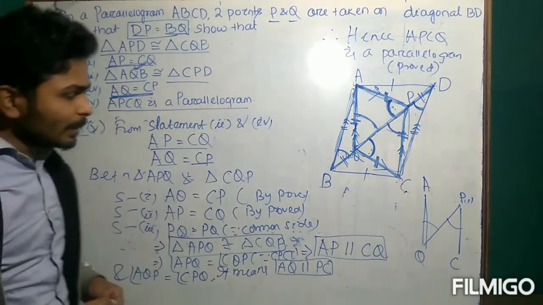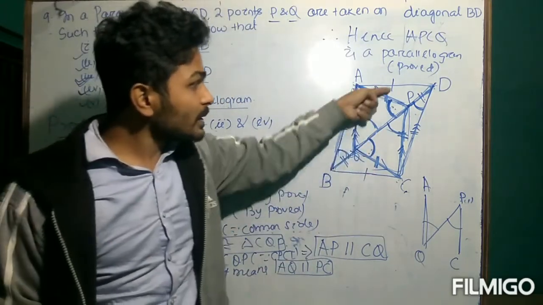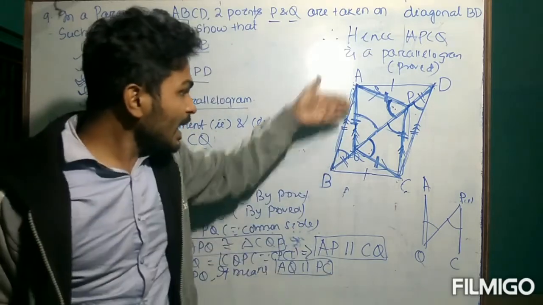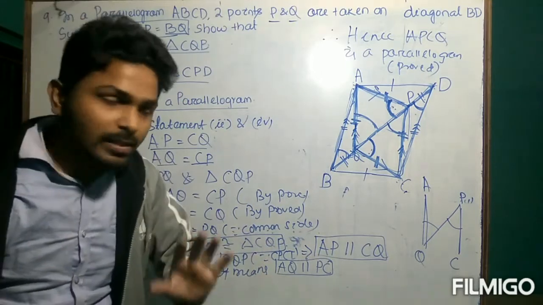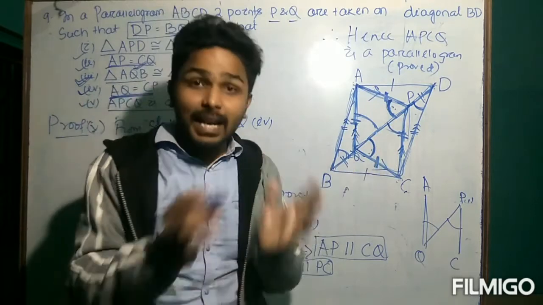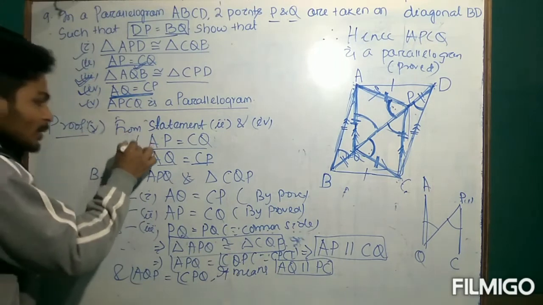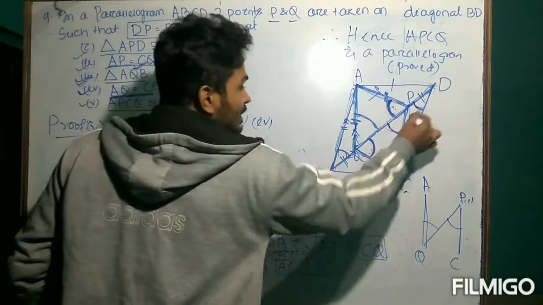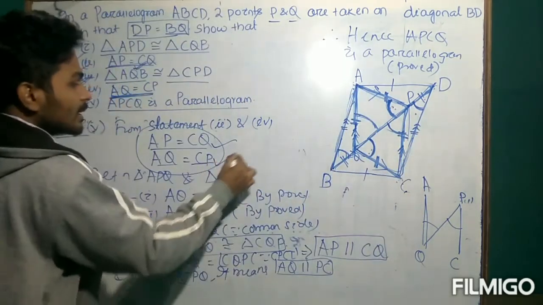So initially we have proved that AP is parallel to CQ, and these two are opposite sides. So opposite sides are parallel here, and now we have proved AQ is parallel to PC. These two are also opposite sides and they are also parallel. Understood? So here we have proved in this quadrilateral the pairs of opposite sides are parallel. Yes or no? Yes. But initially we already know that the pairs of opposite sides are equal. So AP is equal to CQ here and AQ is equal to CP here.